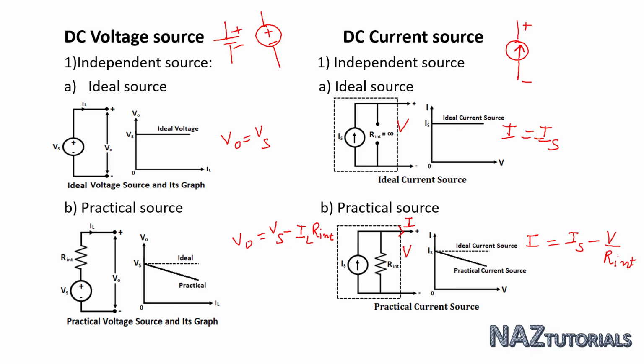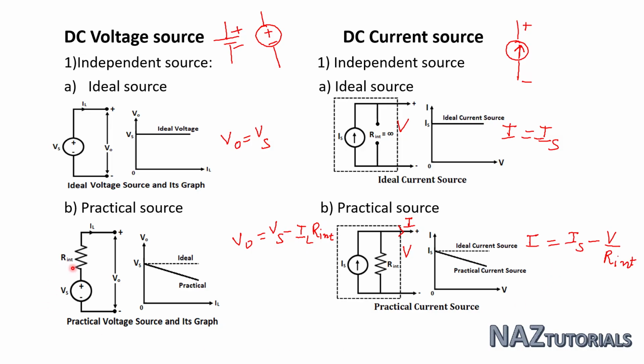So the net output current will be a reduced current, that is Is minus V divided by R internal. So you can see in practical sources there will be some drop which is defined in the characteristics. So these drops give some lesser output.